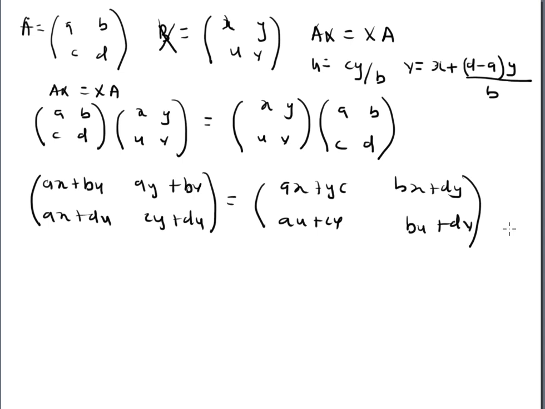Okay. So now if this AX is equal to XA, then that means that this term over here is equal to this term over here. Do you get it? This is equal to this in that order. Now look at the first equation that we've been asked to show: U is equal to CY on B. Now you can use any of these equations and do some substitutions, and you end up with this equation.